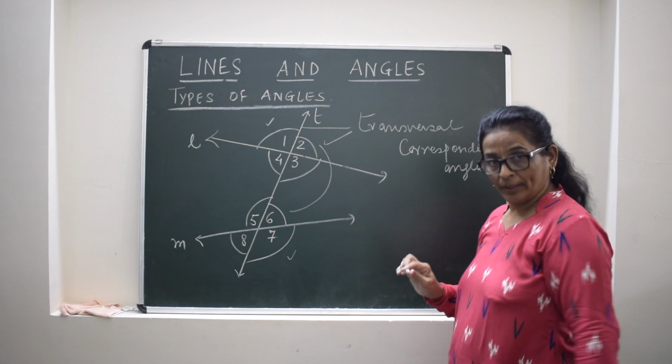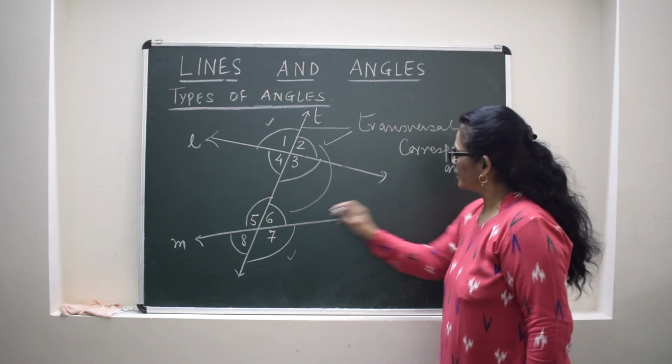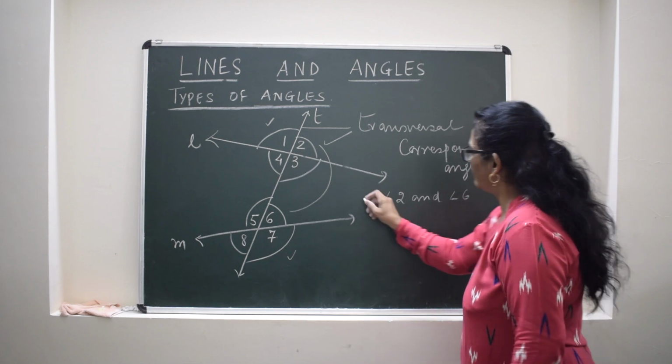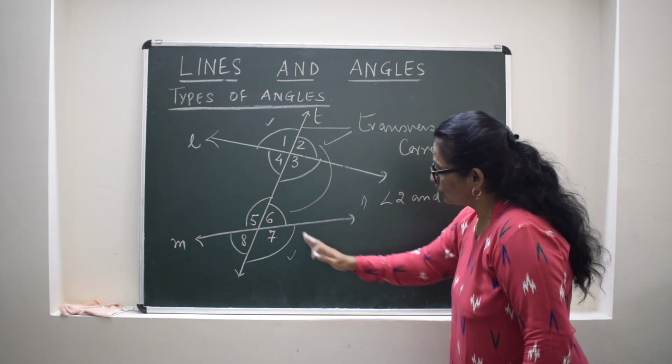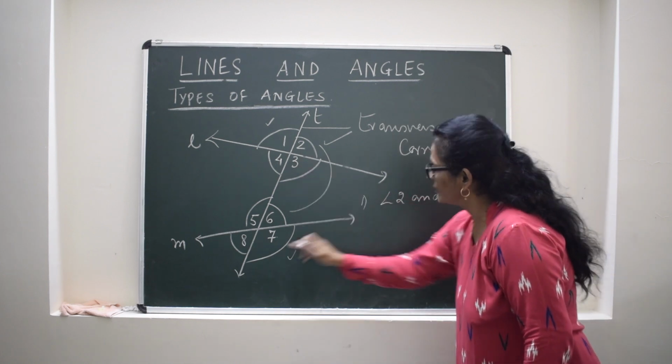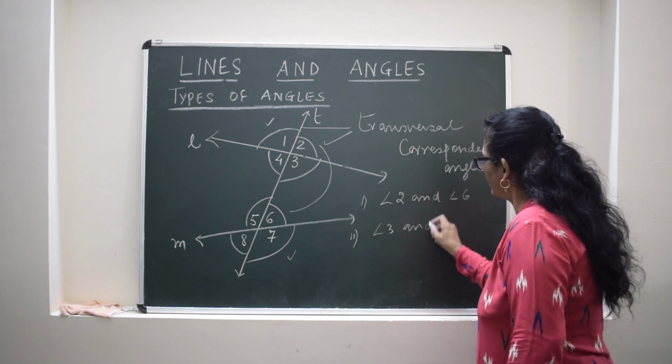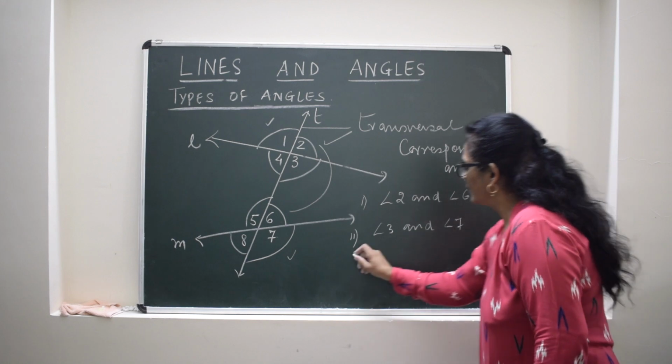So they are also in pairs. 2 and 6 are the corresponding first set. Similarly, down same side 3 and 7. Second set is angle 3 and angle 7.